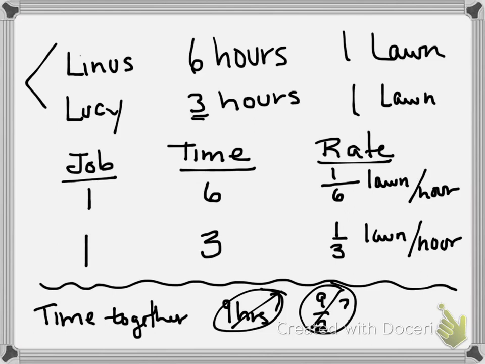We're mowing more lawn at a faster rate. Our rate is faster. So if I take Linus's rate, which is 1/6 of a lawn per hour, plus Lucy's rate, which is 1/3 of a lawn per hour, that's going to be their rate together.